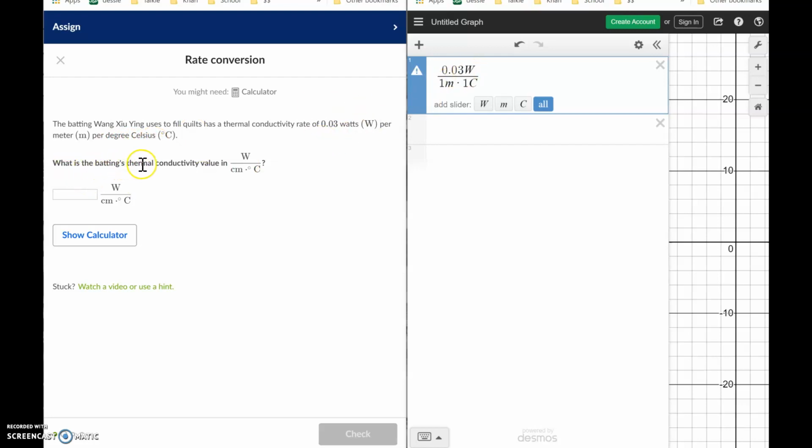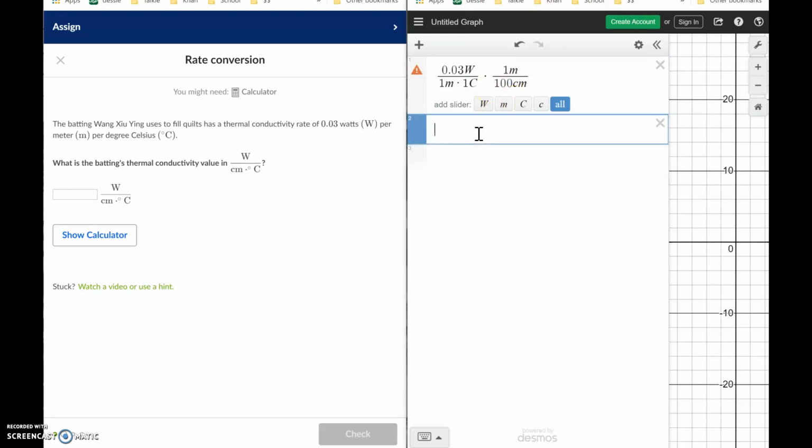What is the batting's thermal conductivity value in watts per 1 centimeter? So it looks like we're just changing meters to centimeters. So let's go ahead and multiply here. We want meters to be in the numerator because we're trying to eliminate it, which means centimeters would be in the denominator, and the relationship between 1 meter and centimeters, 1 meter would be 100 centimeters.